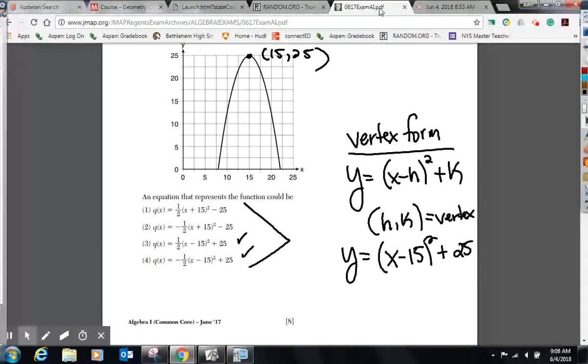Is this opening up or is it opening down? And what have we always said about the number in front when it opens down? It has to be a negative, so that's why it was choice 4 versus choice 3, everybody. Okay, everyone understand that? Because it's opening down, the a value had to be negative, so that's why I chose 4 instead of 3.